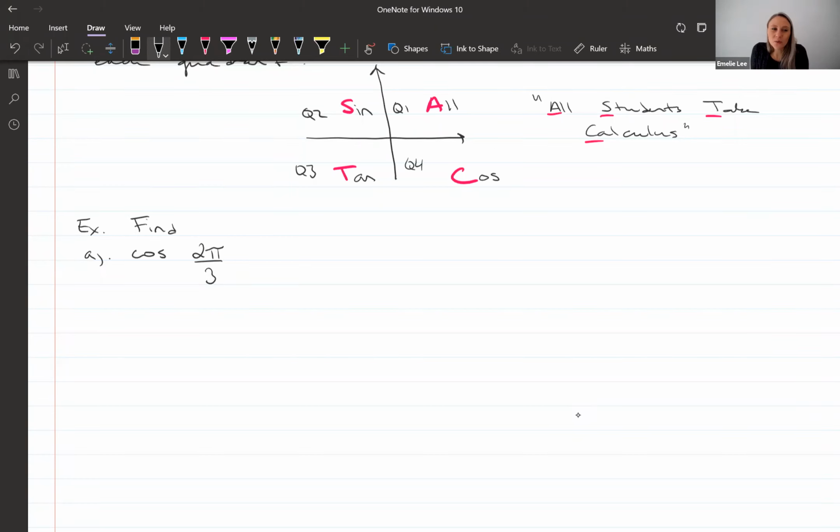Well, if I've got the cosine, then I know it's just going to be x. For cos of anything, it's just going to be the x value that 2 pi over 3 puts me at. So I'll just say x.